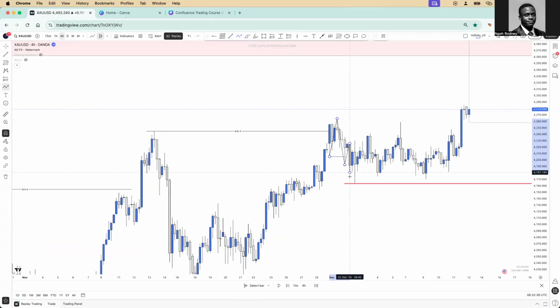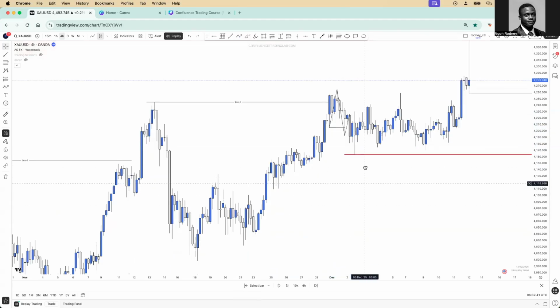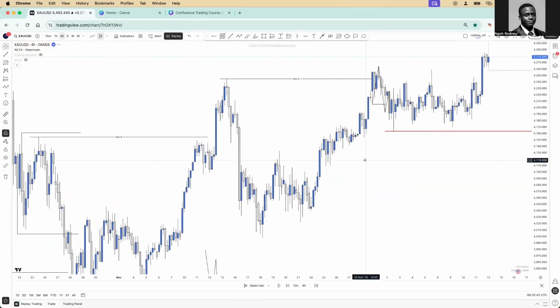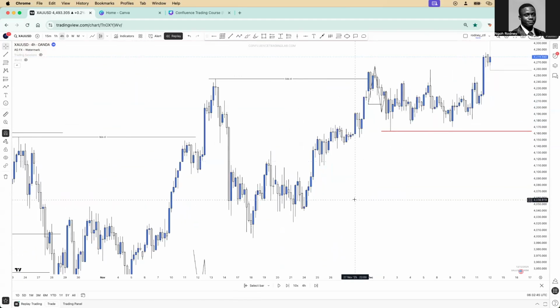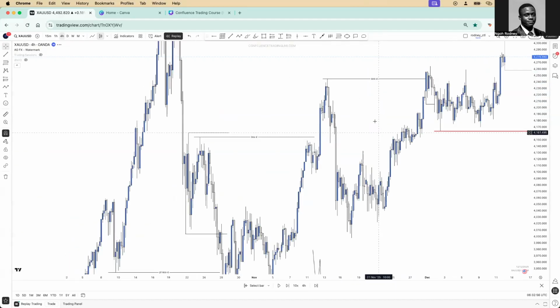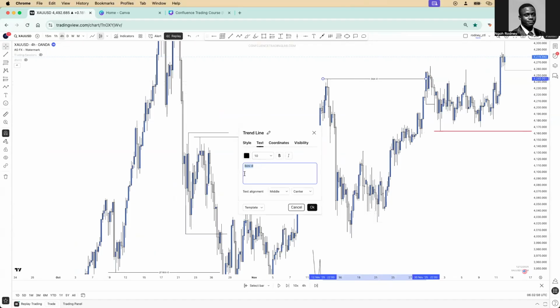But one thing that is very important for you to note here, which sometimes gets missed, is that you need to understand internal structure and external structure. Remember that on the daily, what we had was internal structure moves.